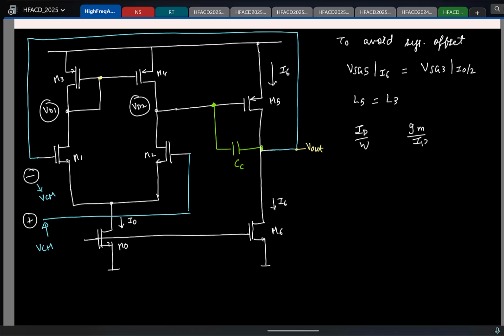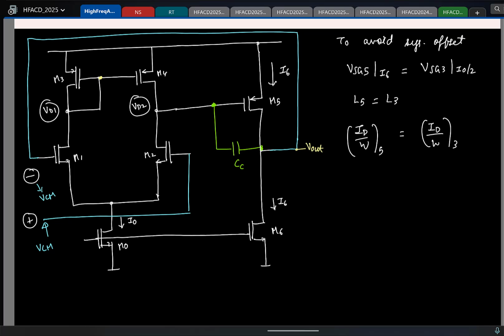They should also be same for the transistors, right? So which means I will say ID by W of M5 must be equal to ID by W of M3. Right. Basically, if you want to keep the same VGS for the same length, these two have to be equal, because the moment I fix the length and one of the lookup table parameter, everything else is kind of frozen, right?